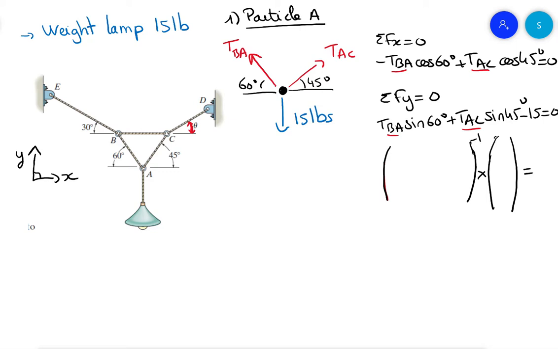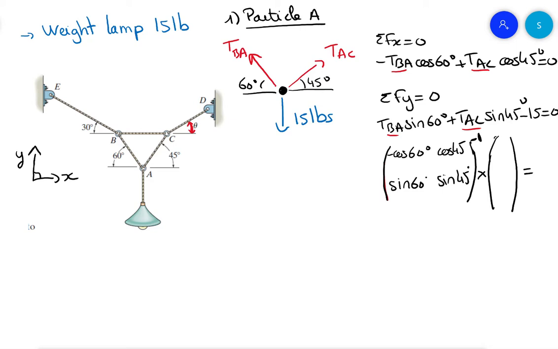So everything in front of TBA goes in the first column, everything in front of TAC goes in the second column. First equation, first row, second equation, second row. So we have minus cosine 60, cosine 45, and sine 60, and sine 45.